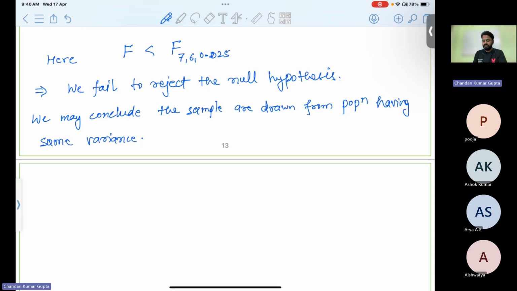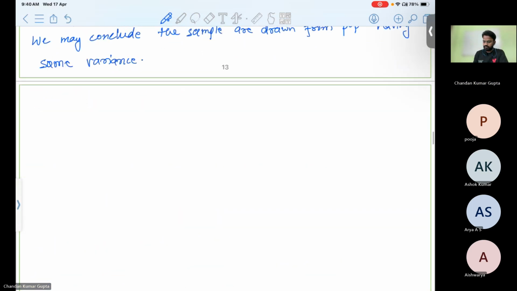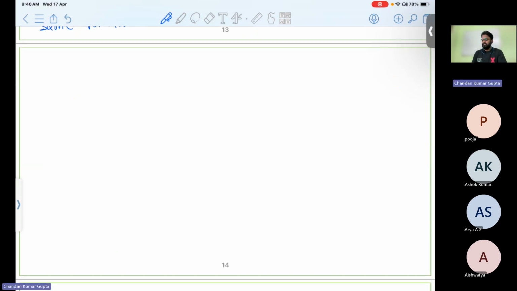Okay, so we conclude that the data drawn from the populations have the same variance. So this is it, I think.